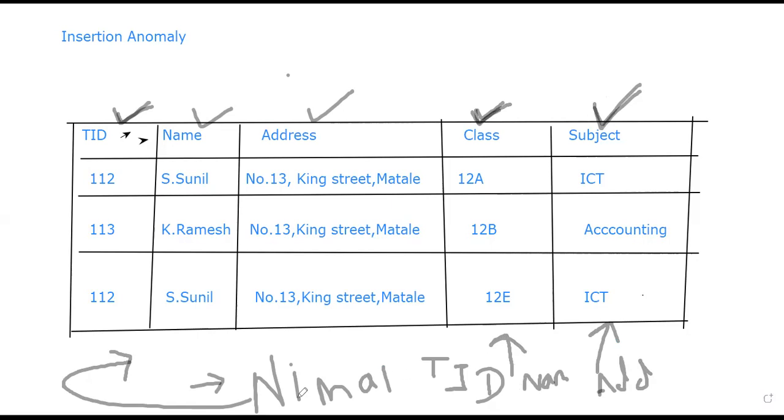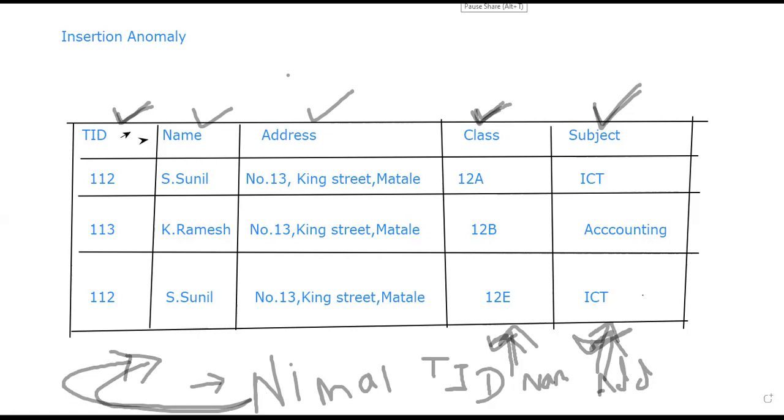Therefore, even though you have teacher's ID, name and address, because she's a new teacher and you don't have class and subject data, you cannot insert the Nima teacher into this table, because of insertion anomaly, right? So that is what insertion anomaly is.